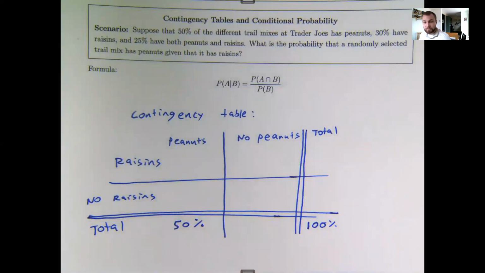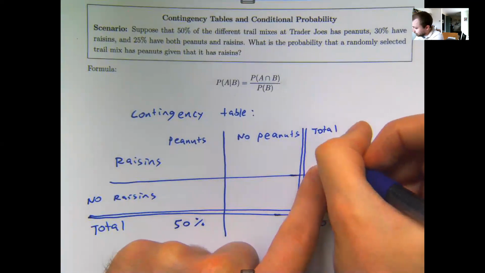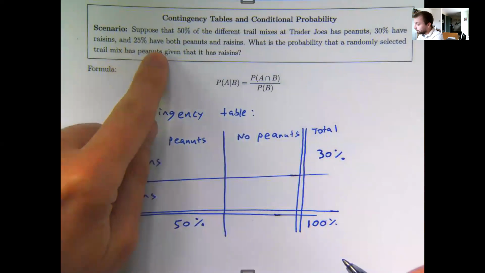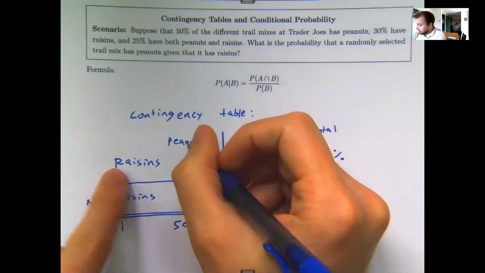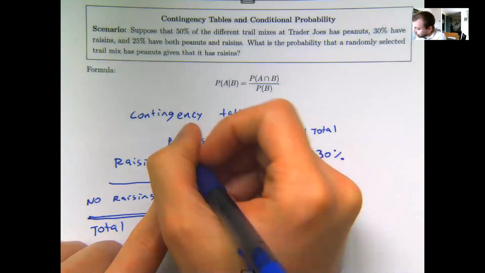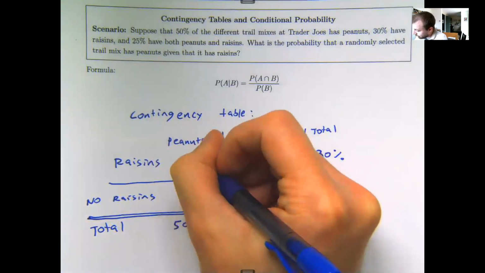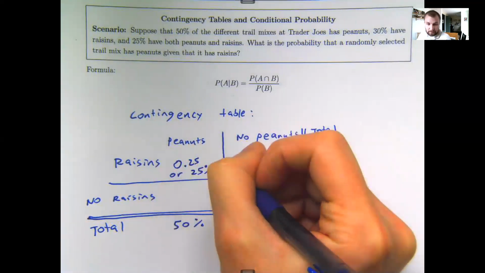It says 30% in total for raisins, so that's going to go here. 25% have both peanuts and raisins. "And" in stats is a spot where 2 things meet up. So that's where peanuts and raisins meet. I've got 0.25 if I'm doing this as a decimal, or 25%.